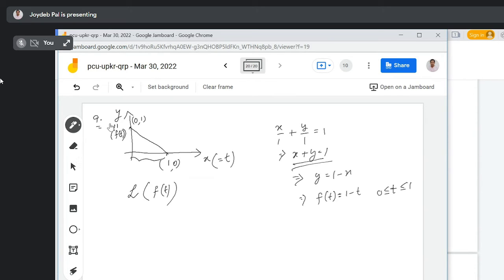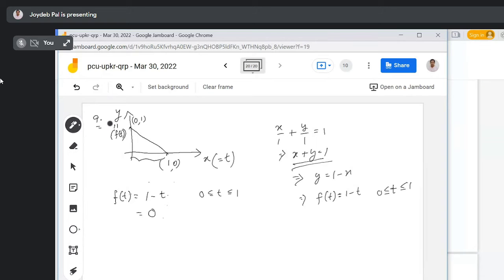So ultimately our function is f(t) is equal to 1 minus t in the interval 0 to 1, and 0 elsewhere.